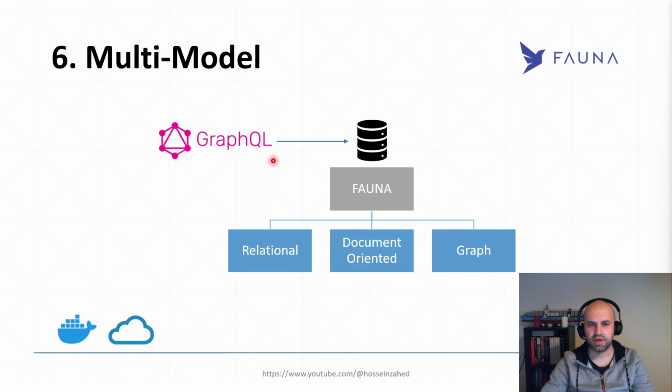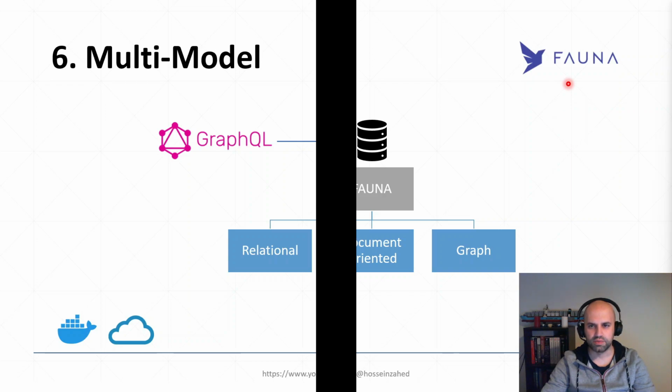As soon as the GraphQL statement is sent to the database, it can automatically figure out what is the best paradigm to execute the query. So it can benefit from the relational, document-oriented, or graph paradigms behind the scenes to execute our query. Fauna is the most popular option in this space at the moment.